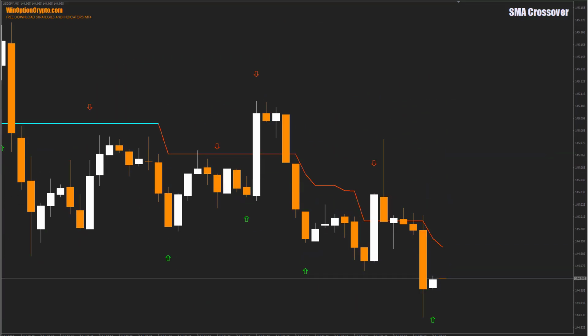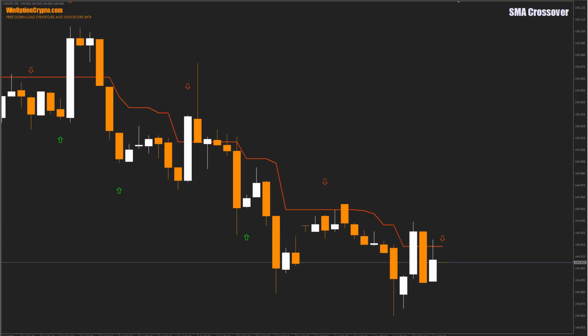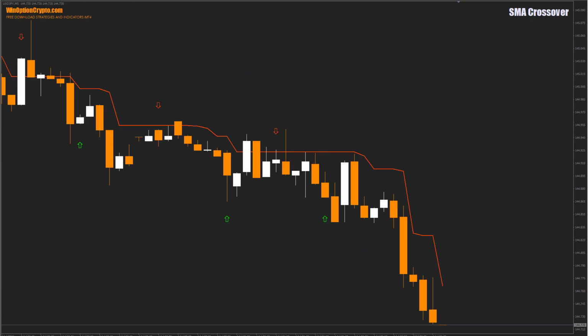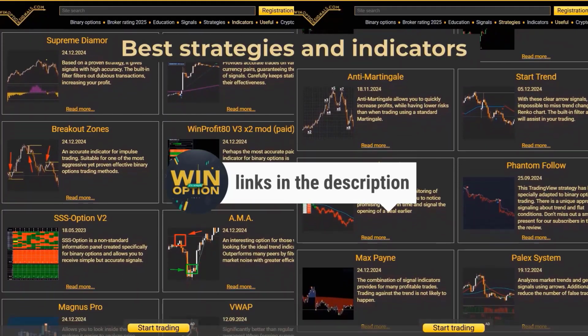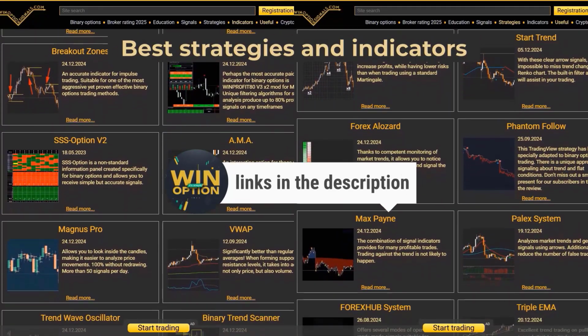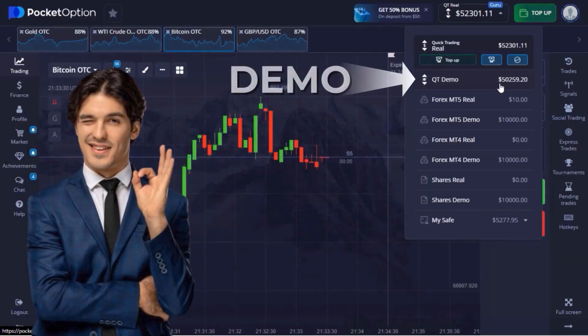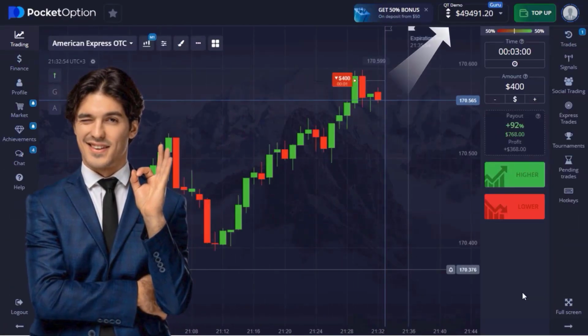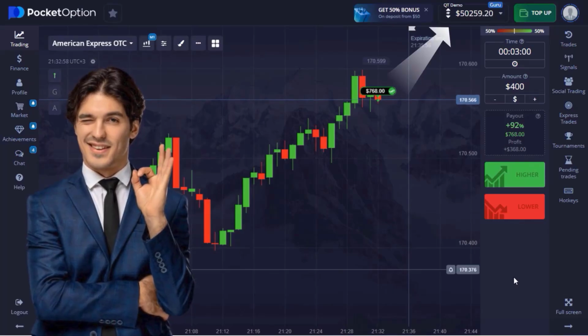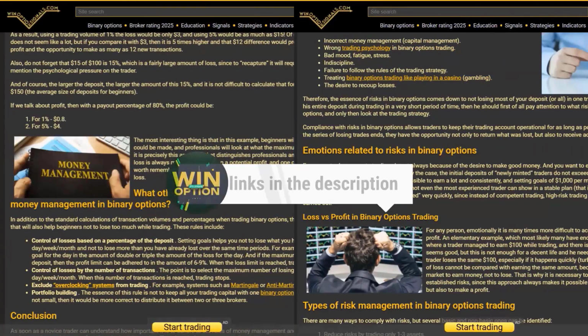Pop-up messages and email notifications are also available, which is convenient when trading on higher time frames when constant market monitoring is not possible. And remember, any strategy or indicator is just a tool that you need to learn how to use correctly. Be sure to check and test the indicator's performance on a demo account using historical data, while keeping in mind risk and capital management principles.